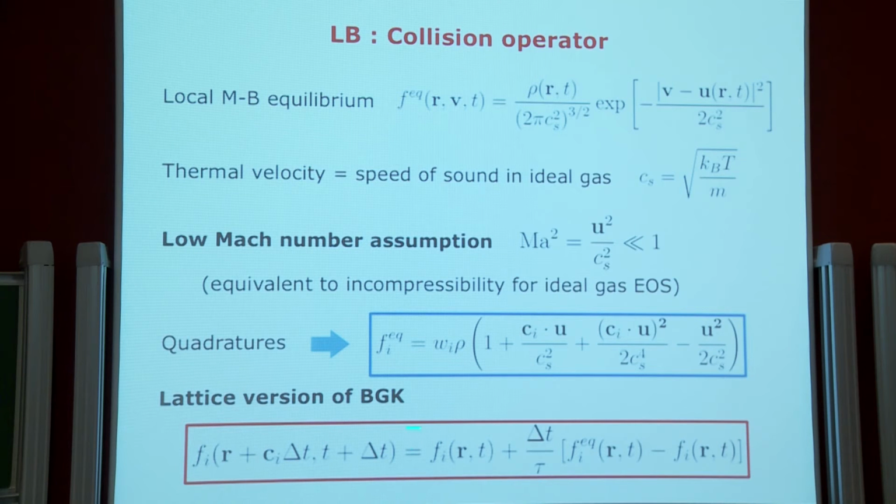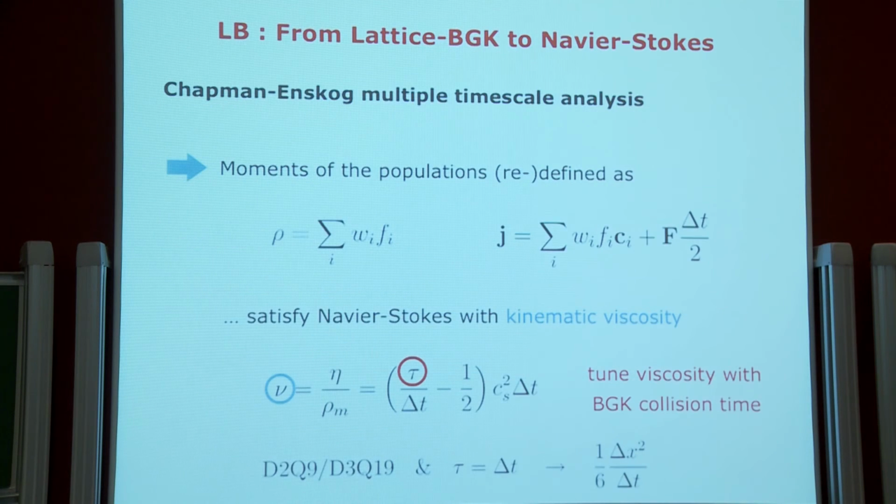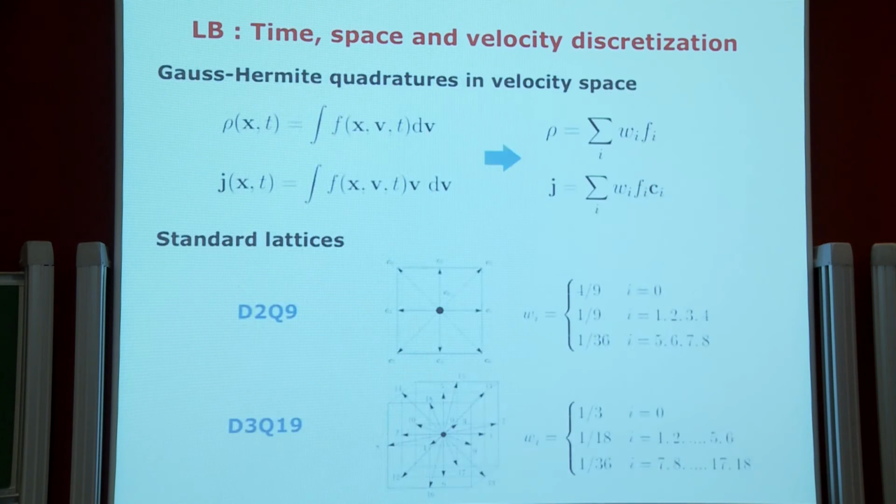And this part here involves the population at a given time and a given position. And it will tell you how the population at the next time, but at a different position, will evolve. So Fi corresponds to a velocity Ci. I'll come back a little bit.